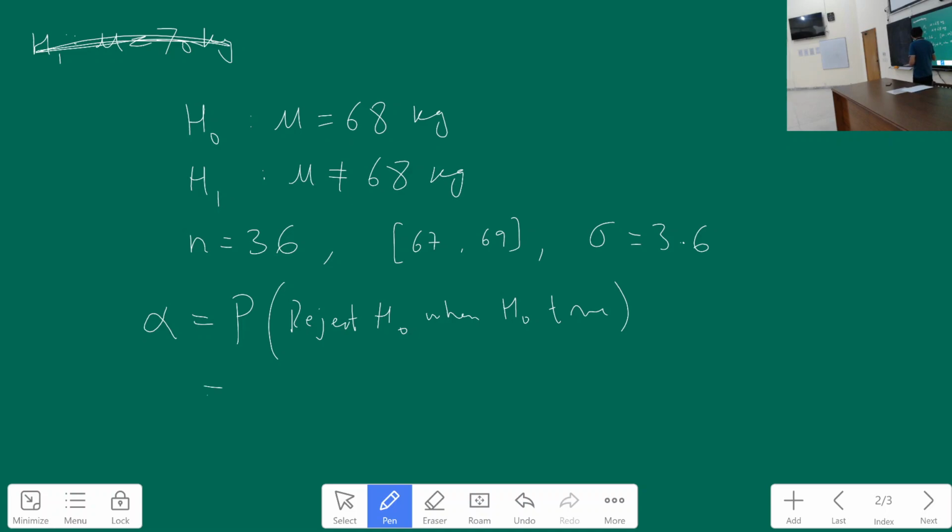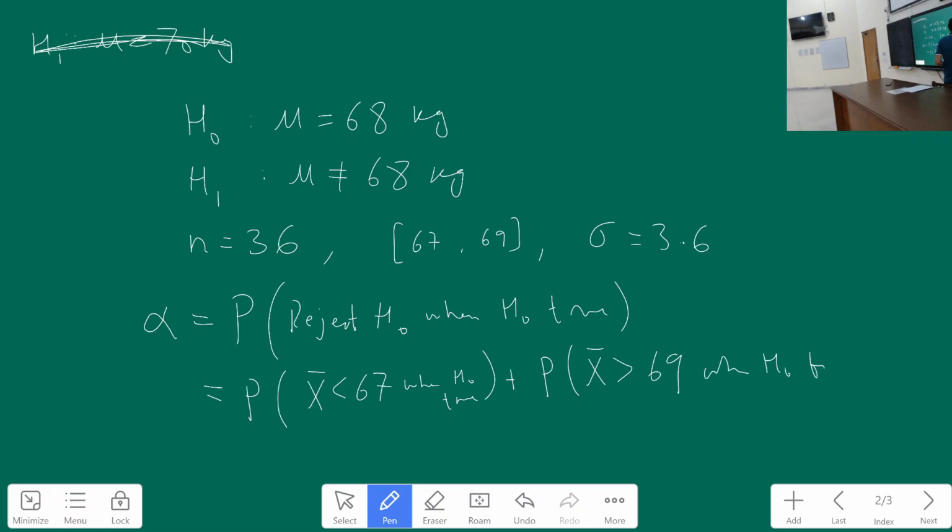So can you help me write this in mathematics now? What will it be for this case? Or what you said before: probability that x bar is less than 67 when H naught is true, plus probability that x bar is greater than 69 when H naught is true.